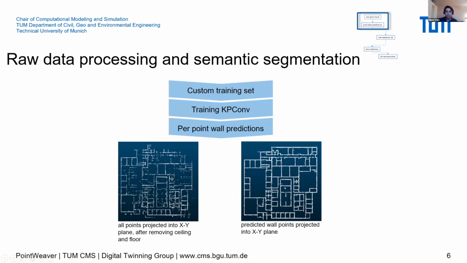When we just isolate the predicted walls from the point cloud and project them in 2D in the XY plane, we notice that there is quite a large difference. Instead of projecting all the points and only projecting the predicted walls, we have clean rooms which we can work with for the posterior steps.